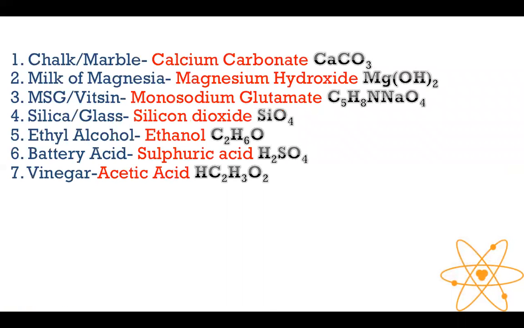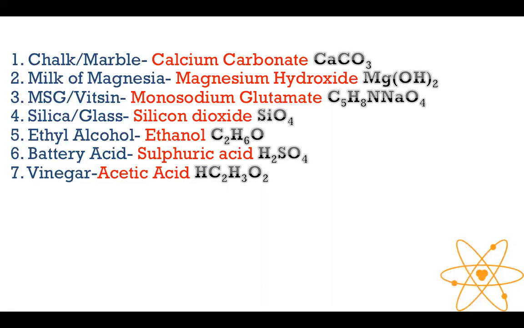We have more common names. The chalk or the marble is pure calcium carbonate, and the chemical formula is CaCO3. The milk of magnesia is magnesium hydroxide or MgOH. Then MSG or monosodium glutamate, your Vitsin, is C5H8NaNO4.